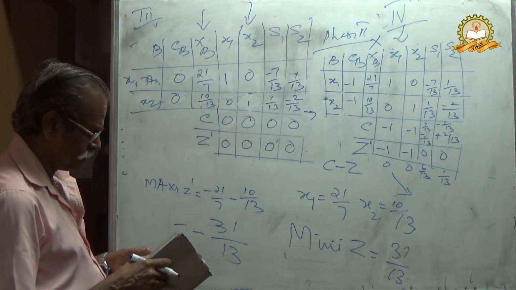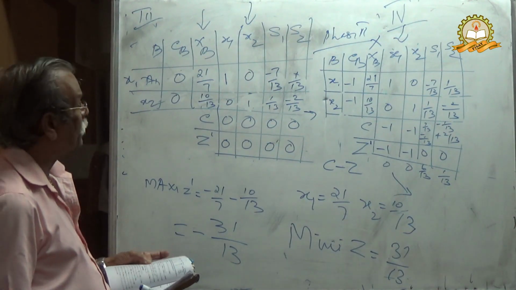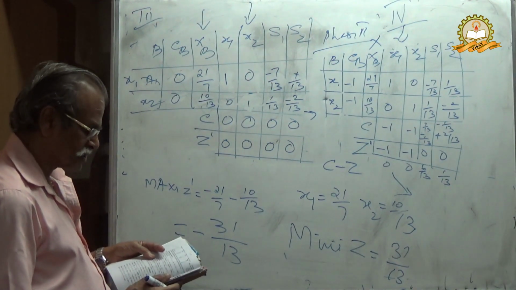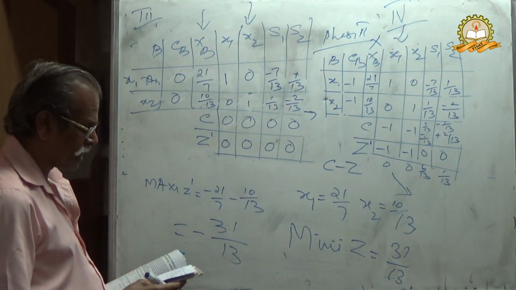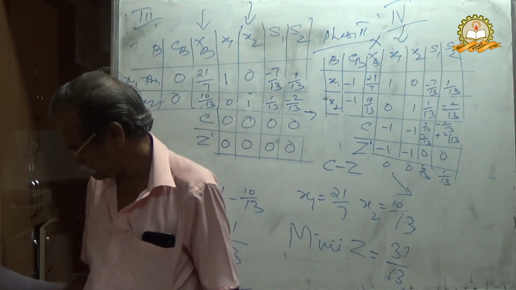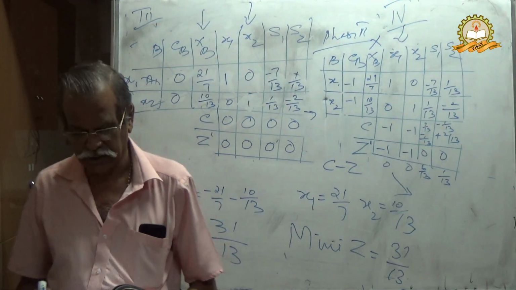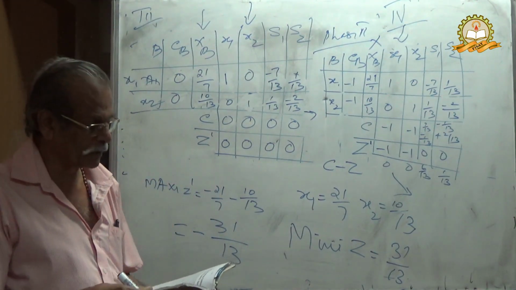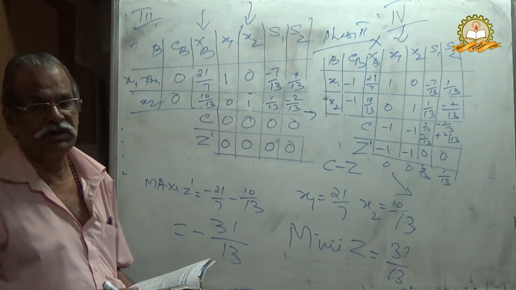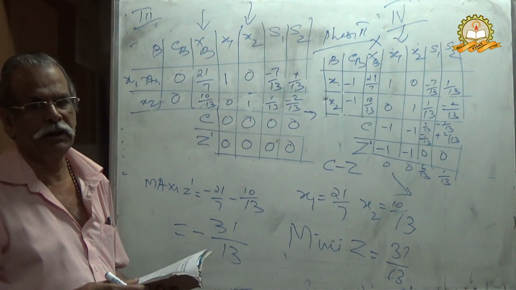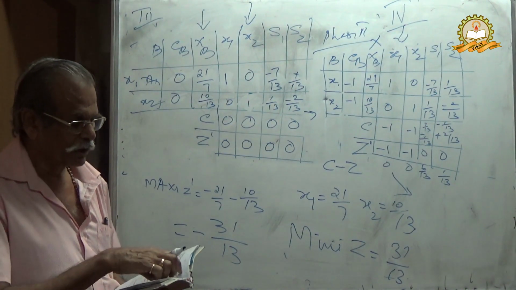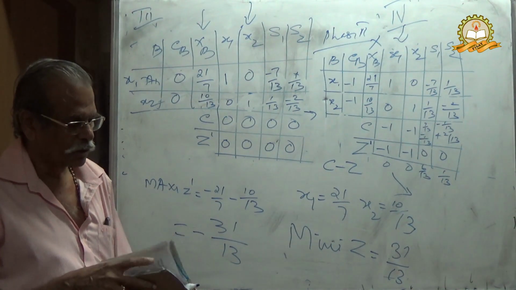That is your full phase 2 method. It is a simple type. Unless they ask you otherwise, do it only by that. You can remember the inequalities in this question were greater than. Therefore, you could have done it by the big M method, but you chose the phase 2 method.